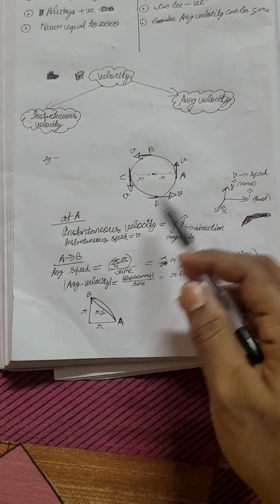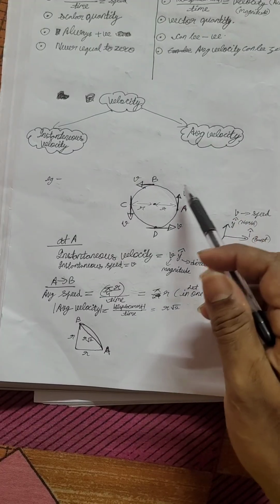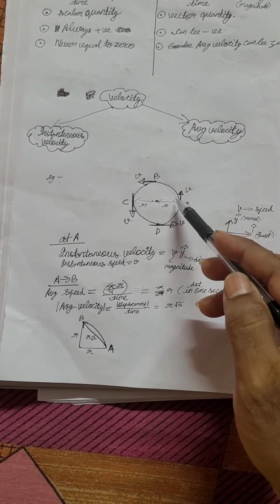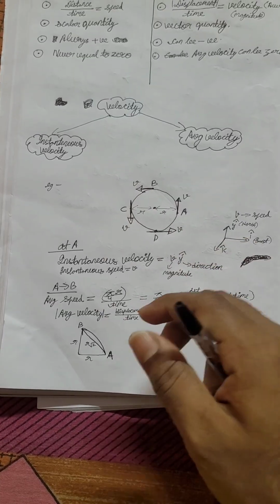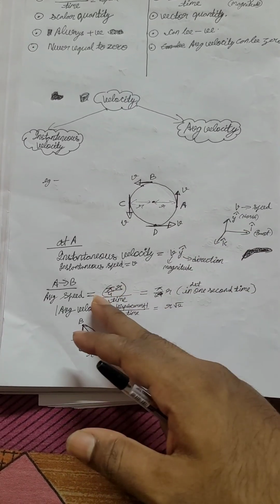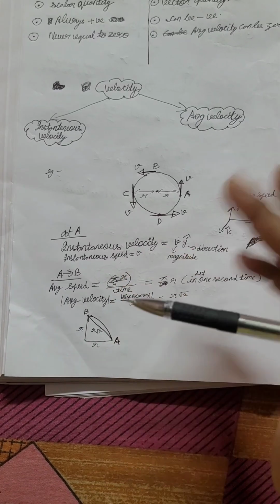From A to B, the average speed is the distance by time. We will be taking this arc part, which is pi r by 4.